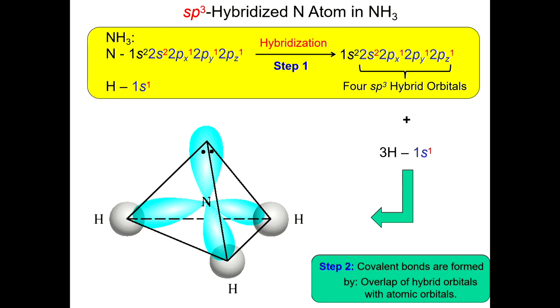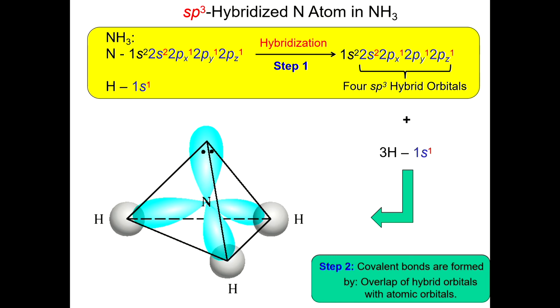Okay. So now for these covalent bonds, they are formed by overlap of hybrid orbitals with atomic orbitals. The hybrid orbitals are sp3 hybrid orbitals, and they are from the nitrogen. With atomic orbitals, where are they from?